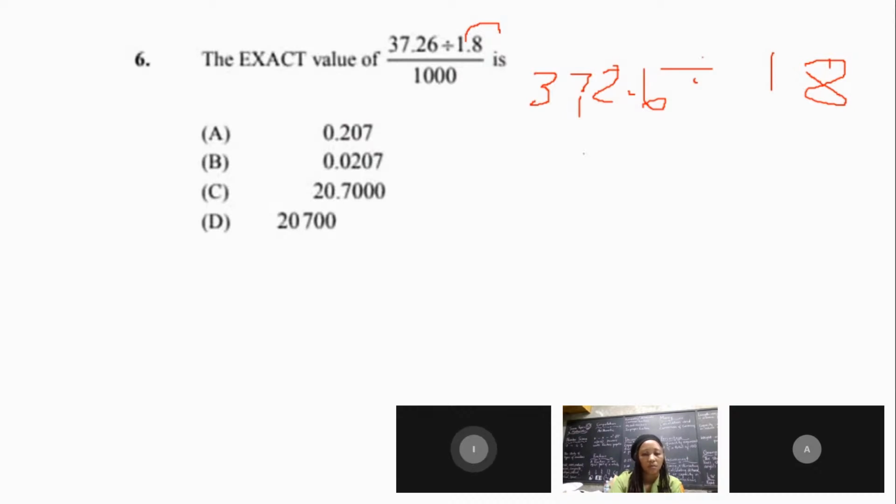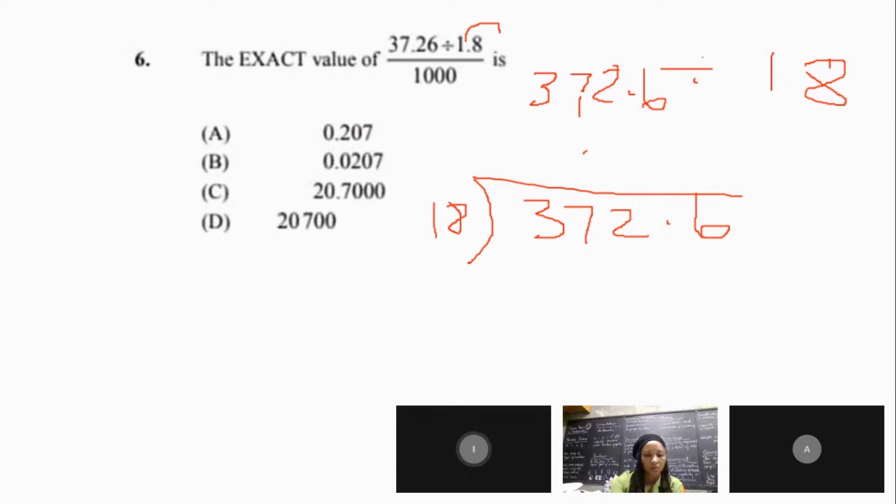Oh, miss, should I do it on the board with you? Okay. And so 372.6. So 18 into 37 goes 2 times remainder 1. And we count with 18 into 12, so that's 0. And then 18 into 126 would give you 7.